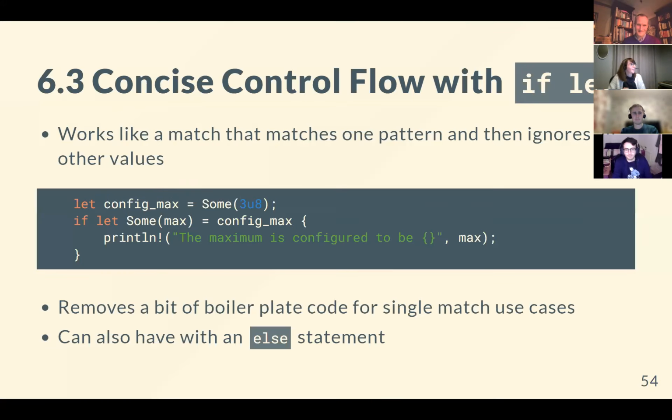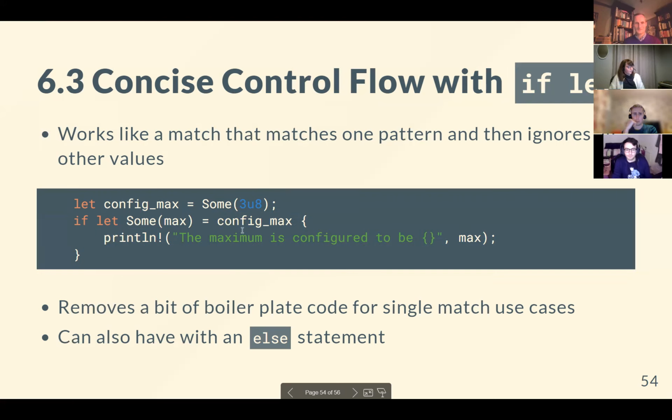Who knows? The next section, 6.3, concise control flow with if let, is very similar to what we've seen so far, but it just gives you a little bit more flexibility. Well, I guess less flexibility, but it matches just one pattern and then ignores everything else. So it's saying, if it's of this form, some value, then print that line.